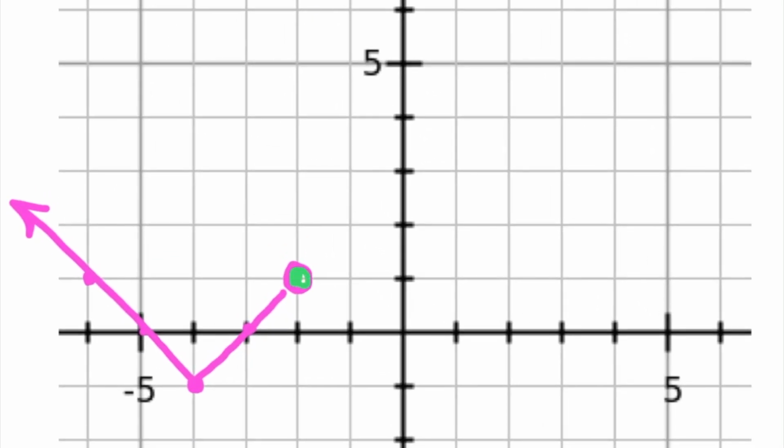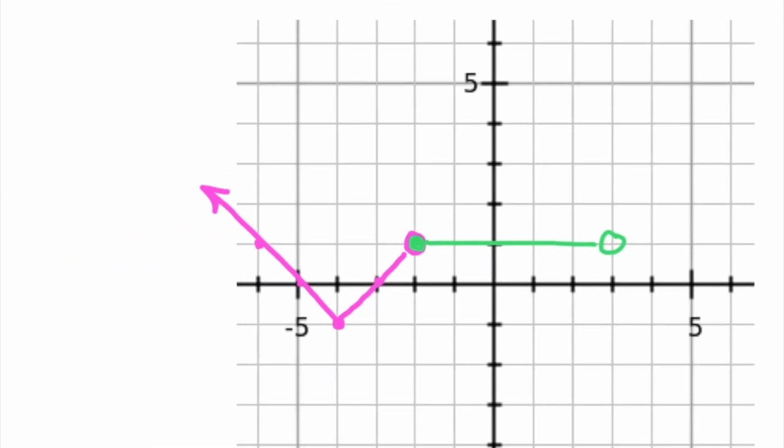And so I'm just going to fill in that point at x is 1, and then that goes to +3, and it's just a constant, it's a horizontal line to x is +3, right there. And so if you're drawing with your pencil, that section of the graph, where it goes from pink to green, just overlaps, and there's no open or closed circle there. It's just continuous. There's no break in the graph there. The first time there's a break in the graph is at x equals 3.